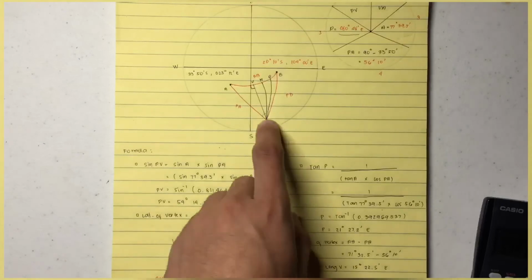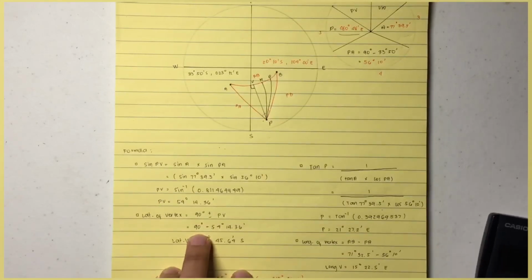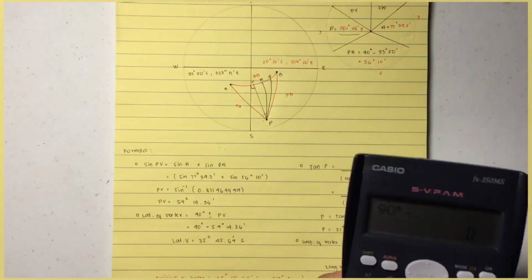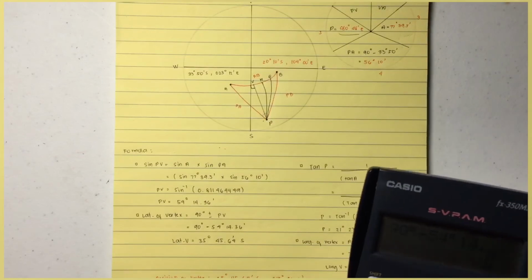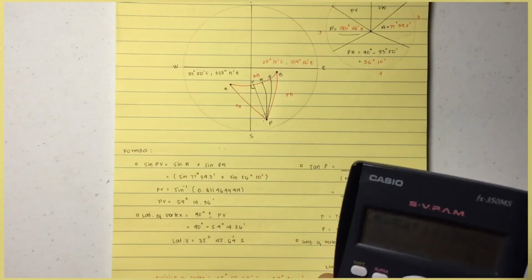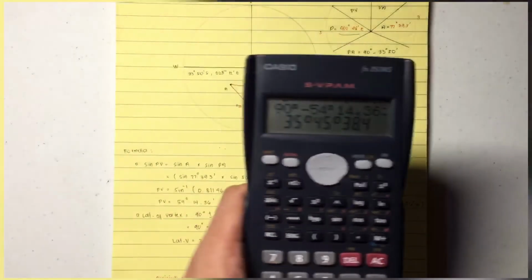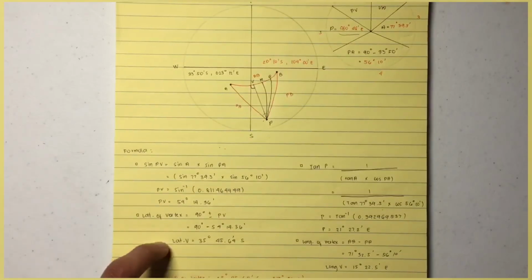But if P and V are in different hemispheres, we should go for addition of 90 degrees. So again, 90 degrees subtracted by 54 degrees, since they are in the same hemisphere, we arrive at this value, which is 35 degrees 45.64 minutes south. This is now our latitude.